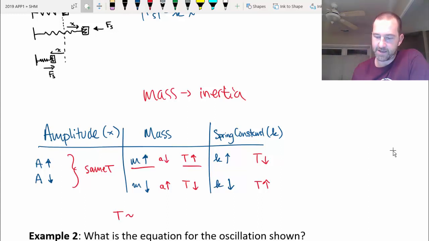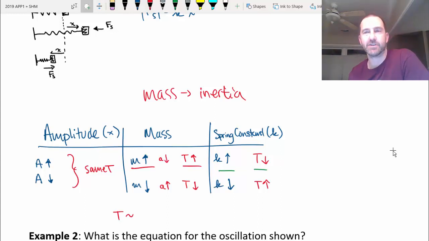And for the k value, it seems to be sort of inversely related, or at least oppositely related. So my period should be something like m over k. That would make sense. More mass, longer period; more k, stronger spring, I should get a shorter period.